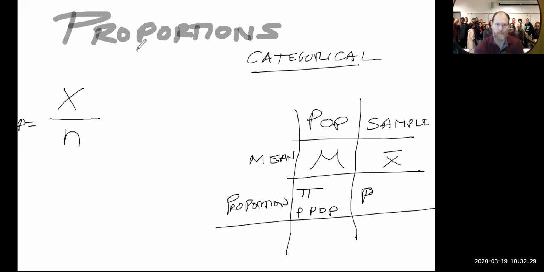And proportion, just to beat a dead horse, comes from the word portion, okay, which means mathematically less than one.